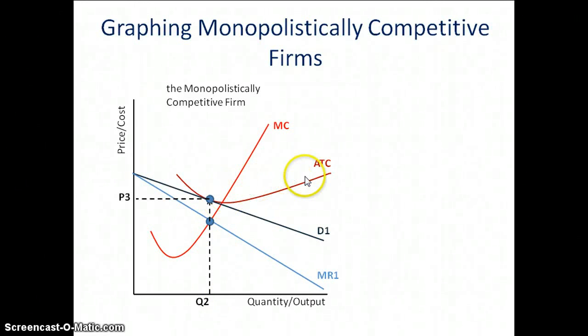And likewise, this firm isn't producing at the rate of productive efficiency. That would be at minimum ATC, which is where my cursor is right now. Again, it's going to be producing outputs less than productive and allocative efficiency. That also means that we're going to have some degree of deadweight loss.